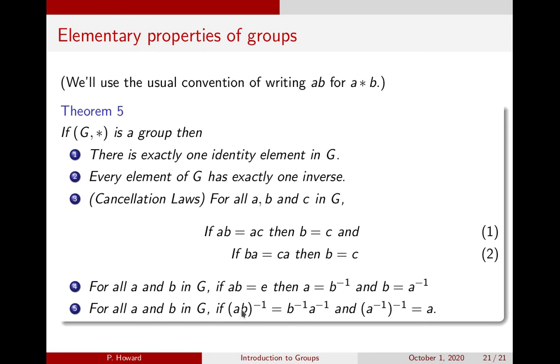A star B inverse is B inverse A inverse, or B inverse star A inverse. So you get the inverse of a product by multiplying the inverses of the elements in reverse order. And finally, the inverse of A inverse is A. All of these things are fairly easy to verify.